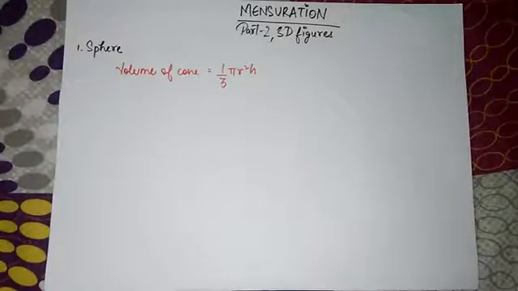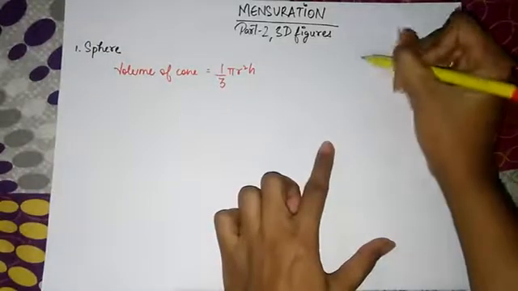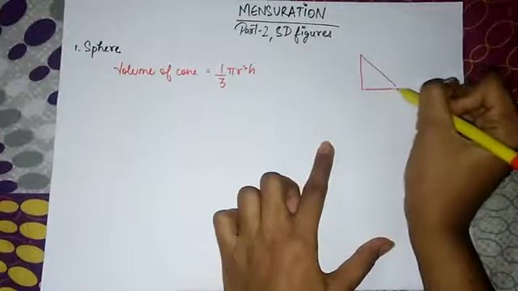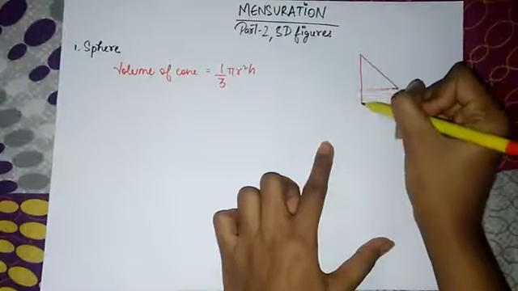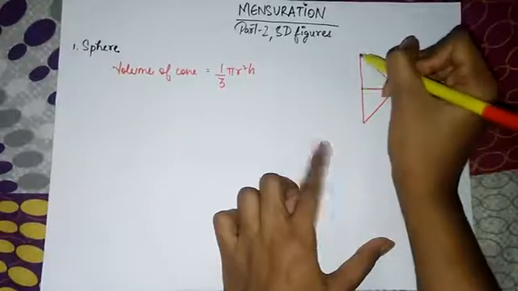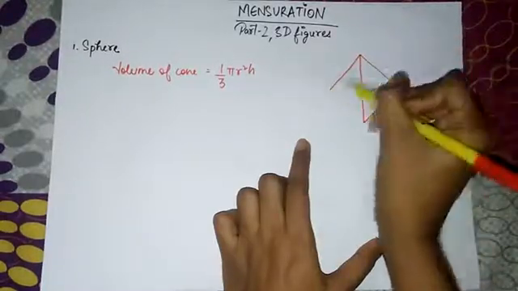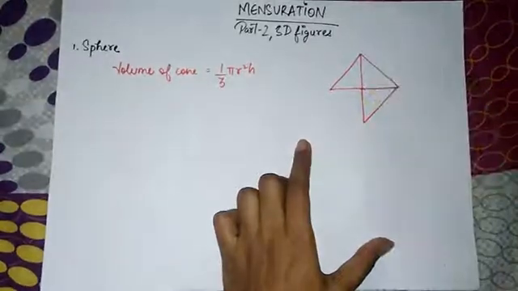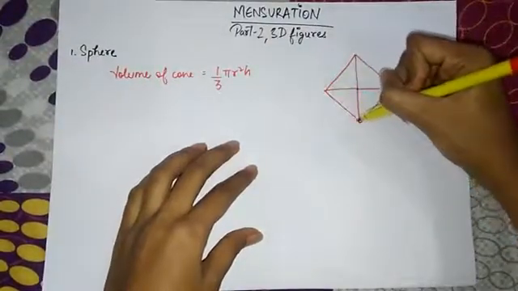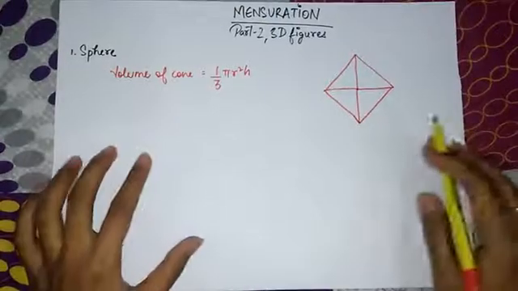So just to remember, what we can do is we can make a figure. Imagine there are 4 right circular cones which are joined together like this. So we can join it like this.